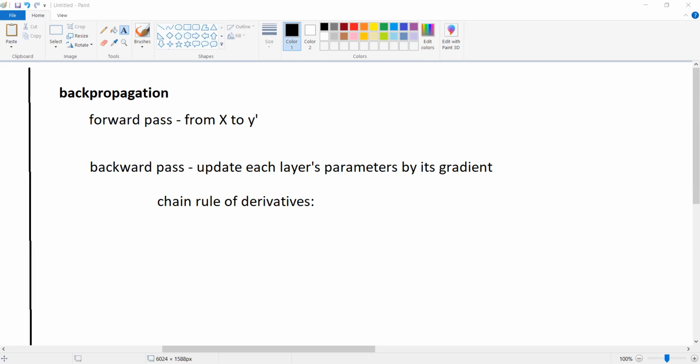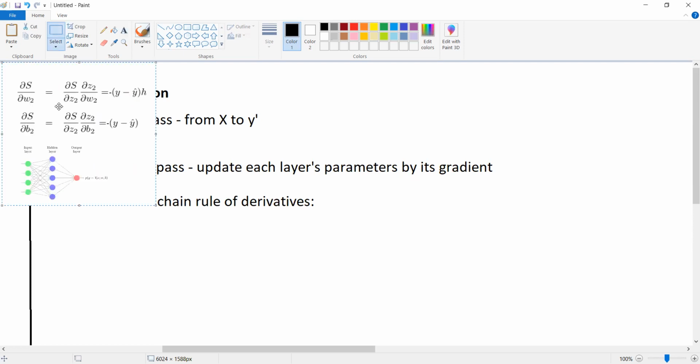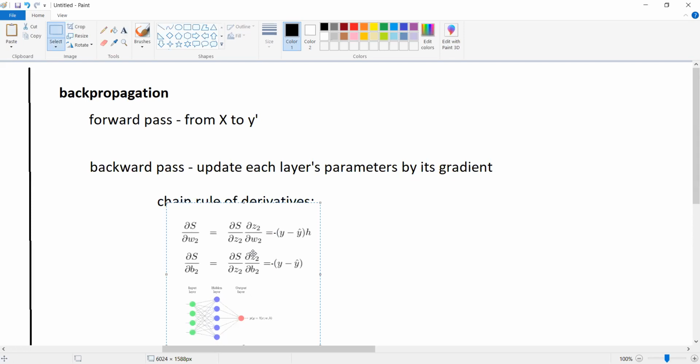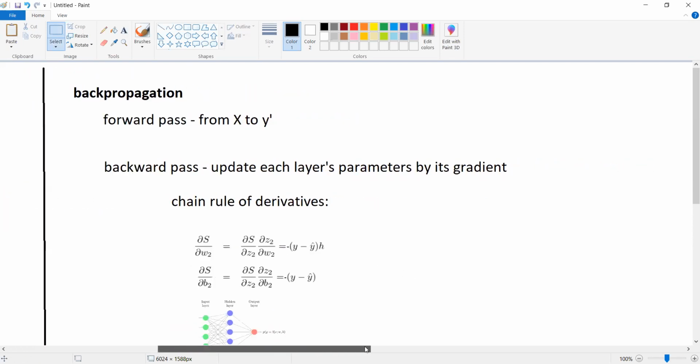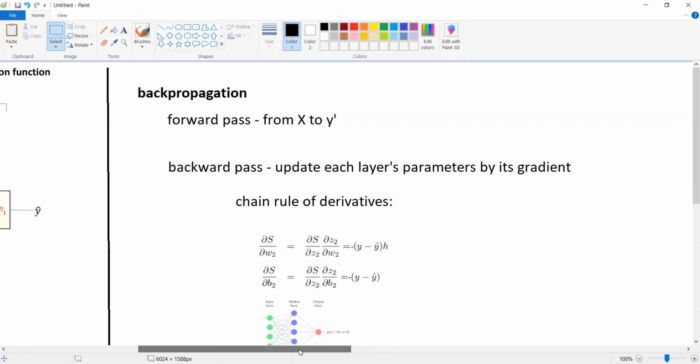So essentially, I'm just copying this from someone else's slides. Like this. Essentially, okay, that doesn't show what the chain rule actually is.